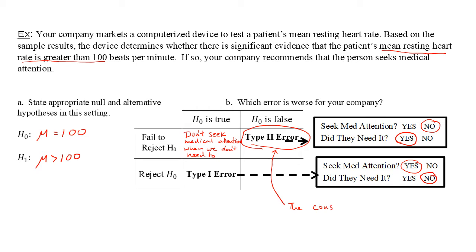So the consequences of this type of error, the type 2 error here, are worse, because somebody didn't seek medical attention when in fact they should have.